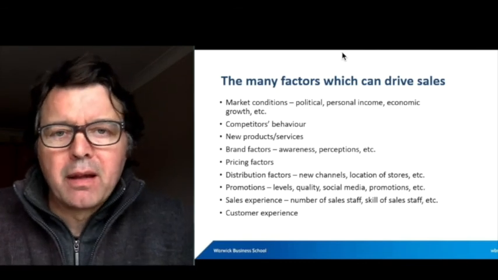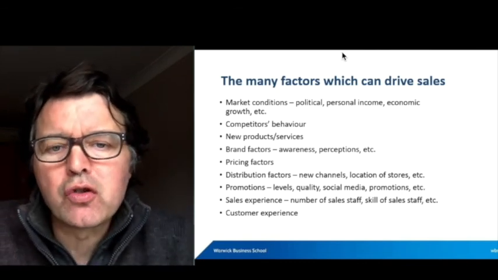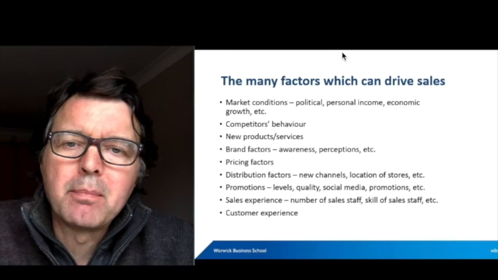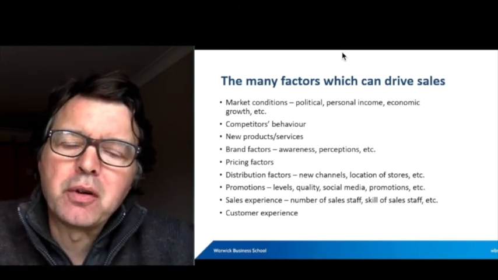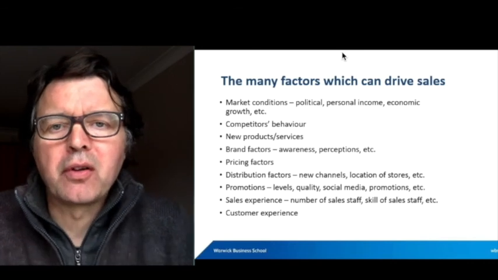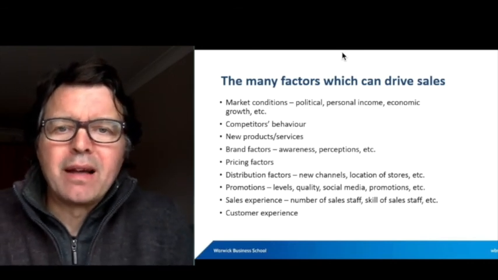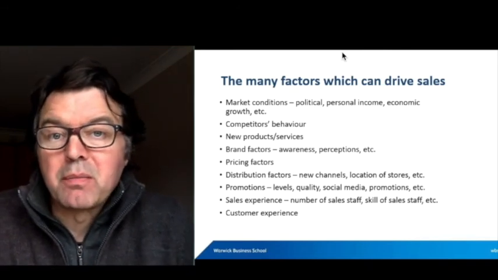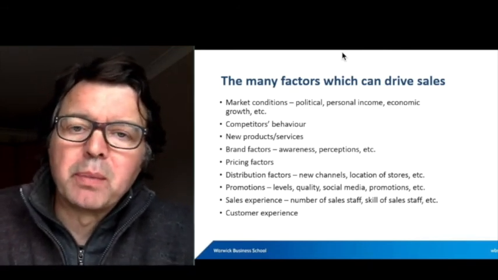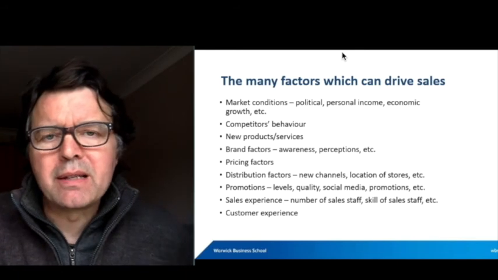So these sorts of causal analysis models are fantastic if you can do them, but because so many variables affect sales, sometimes it can be quite difficult to build these models, and we need to be a little bit careful.